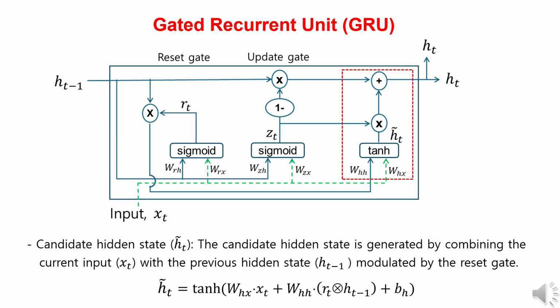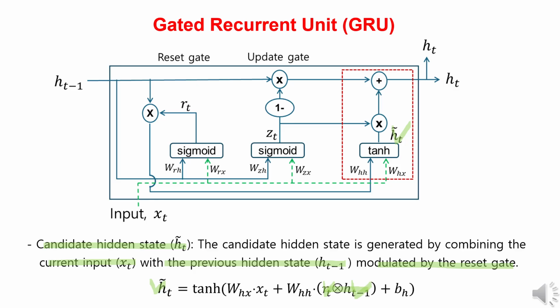Next, let's look at the candidate hidden state. The candidate hidden state is a new proposed state that's computed by combining the current input with the previous hidden state, which has been adjusted by the reset gate. If you look at the equation, we first apply the reset gate, r sub t, to the previous hidden state, h sub t minus 1, using element-wise multiplication.